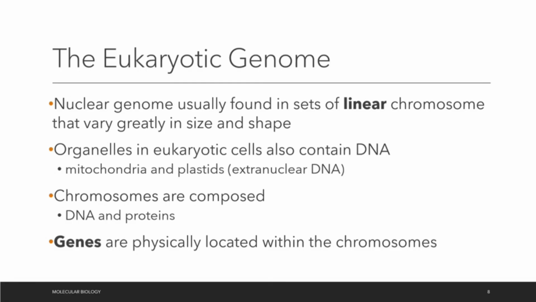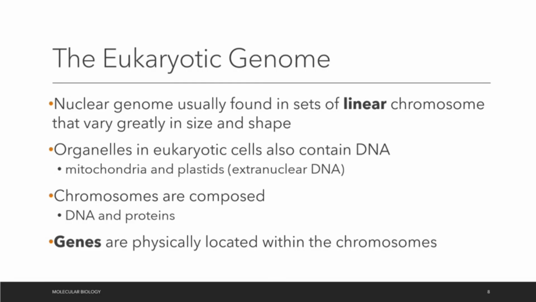The reason why we say sets is because there are usually multiple chromosomes, and there may be multiple sets of the chromosome as well. So for example, humans have two sets of each chromosome. We are diploids. Okay. Now, there is also extranuclear DNA present in eukaryotic genomes. Okay. Those are typically present in mitochondria and in plastids. Okay, so those are called extranuclear DNA.